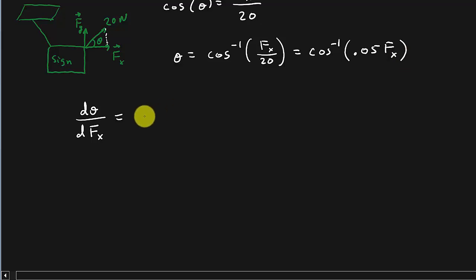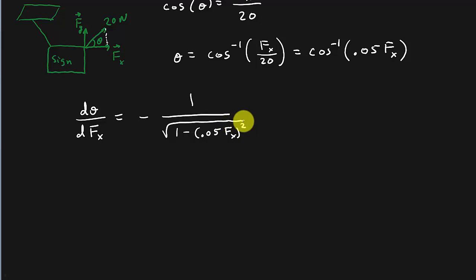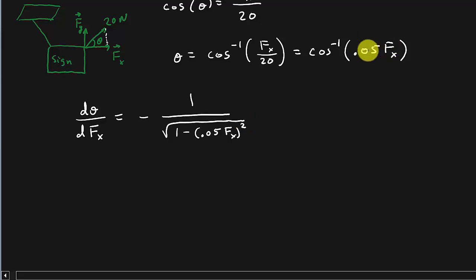So this is going to be negative 1 over the square root of 1 minus u squared, which is 0.05 f sub x squared, times the derivative of what you're taking the inverse cosine of. So the derivative of this is times 0.05.